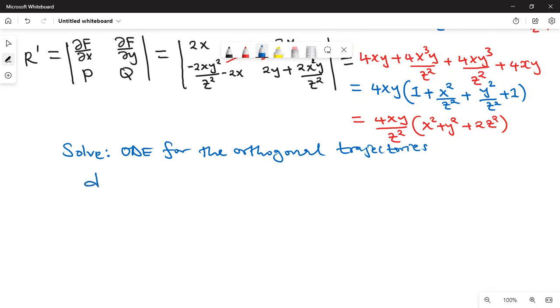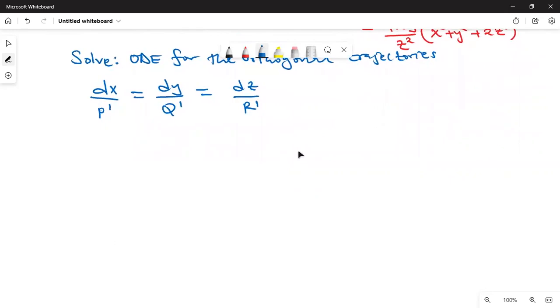It is given by dx over p prime equals dy over q prime equals dz over r prime. Let's substitute those primes.